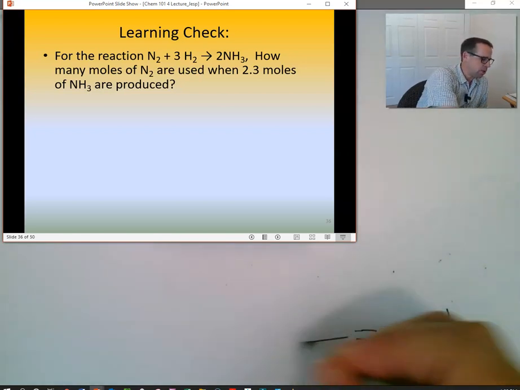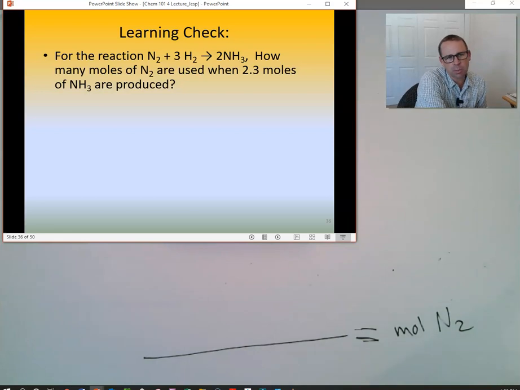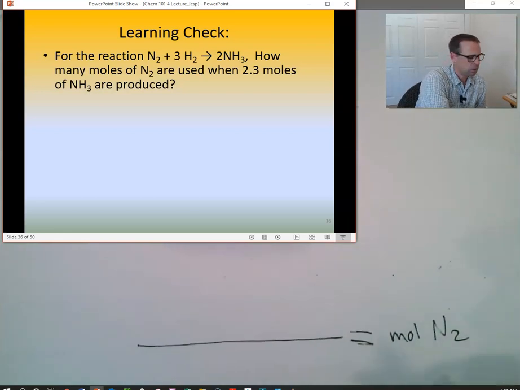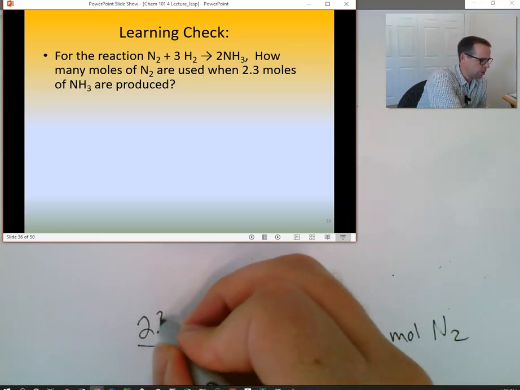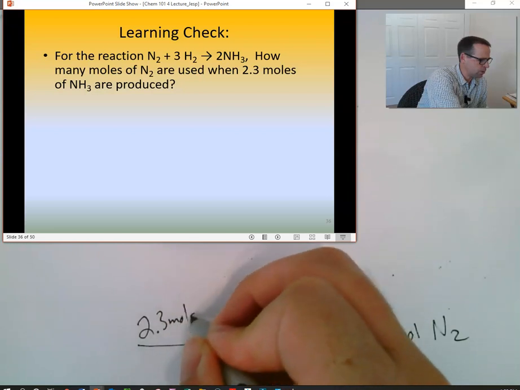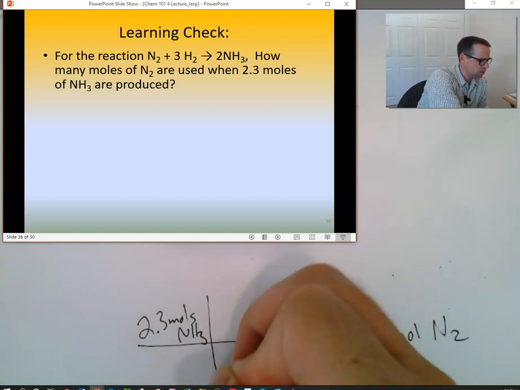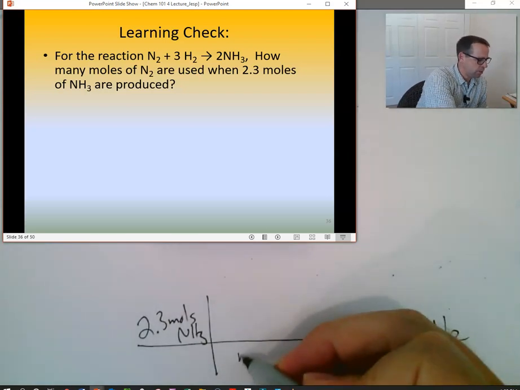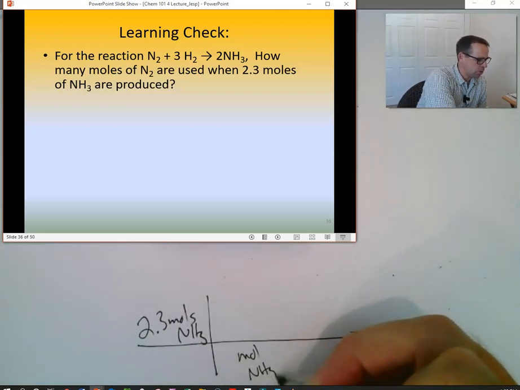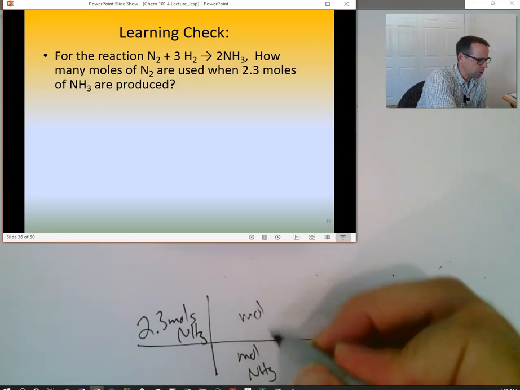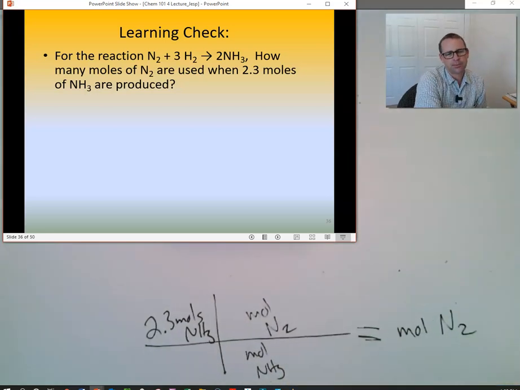And they told me that 2.3 moles of ammonia were produced. So I can start here with 2.3 moles of NH3. And then I can go from moles of NH3 now to moles of nitrogen gas.